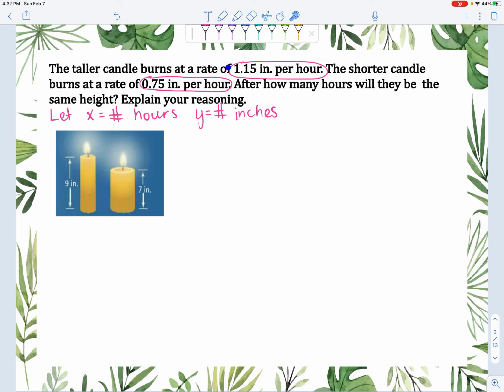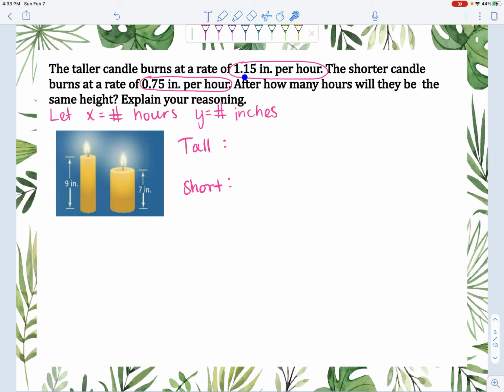Well, they're giving us rates, right? We've got two candles, so we're going to have an equation for each one. So we're going to have two different equations. We've got a taller candle and a shorter candle. Each candle is going to have its own linear equation. Well, the rate is giving us the slope. But we have to stop and think about what the sign of our slope would be.